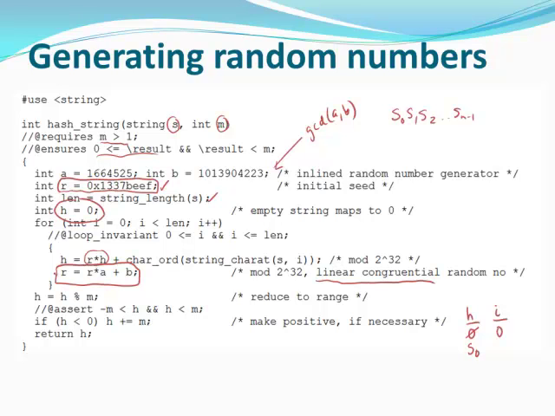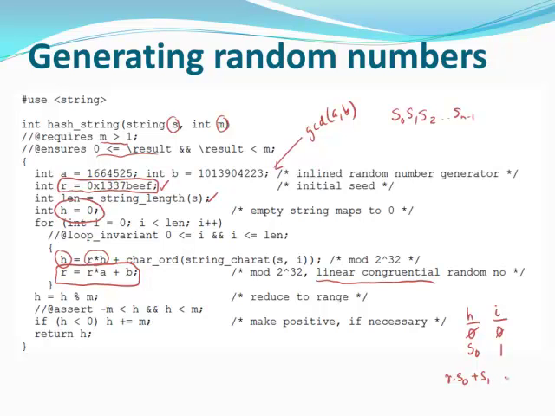In the next iteration, i becomes 1, and you're going to compute the next value of h. Because h was s0 before, you're going to get r times s0 plus the character s1 as the new h.